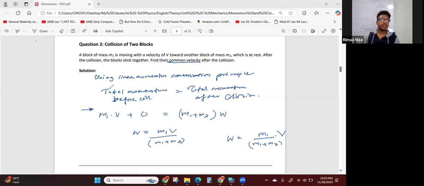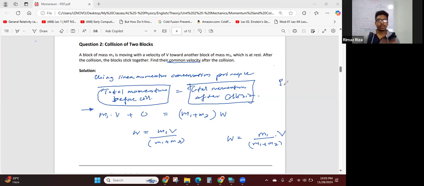So you can write initial momentum of the system equals the final momentum of the system. The same thing, actually, I have written this. We know if no external force is applied, the final momentum equals the initial momentum.